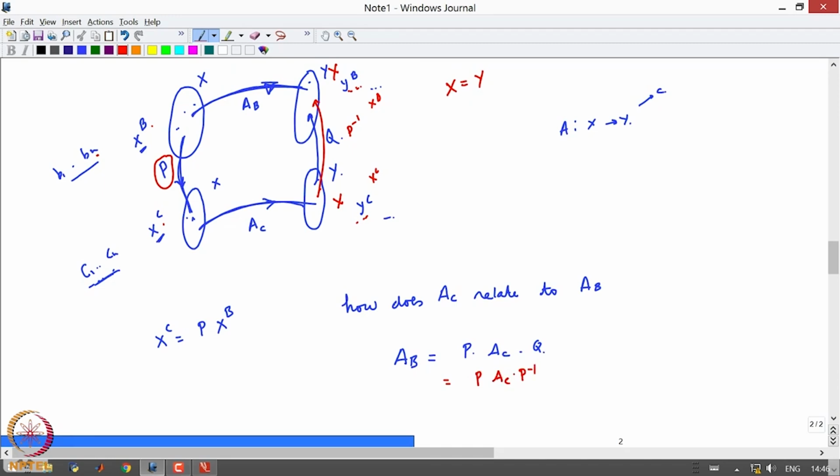And then equivalently I can also write AC in terms of AB. So, what we saw here is, first we tried to answer the question of what is the relation between AB and AC when they are respective transformations from X to Y with respect to some basis vectors.